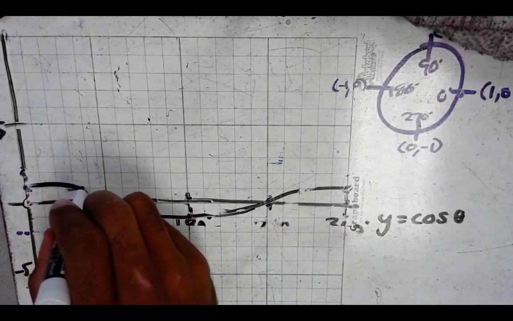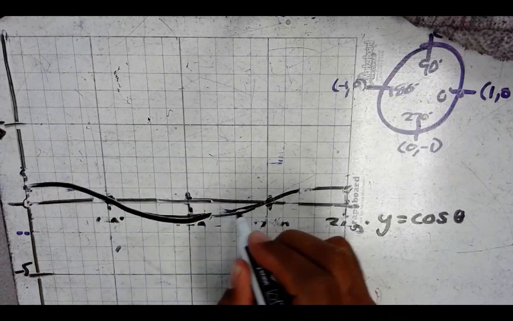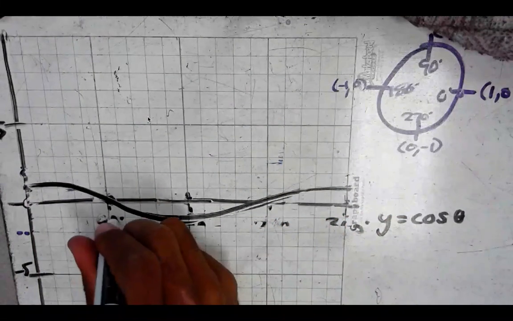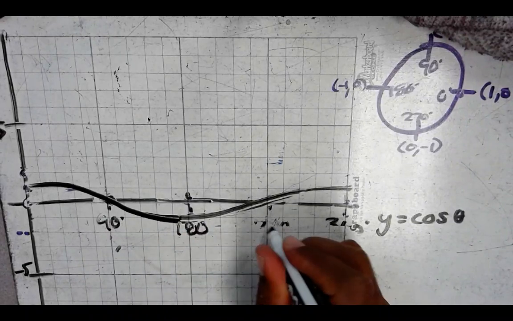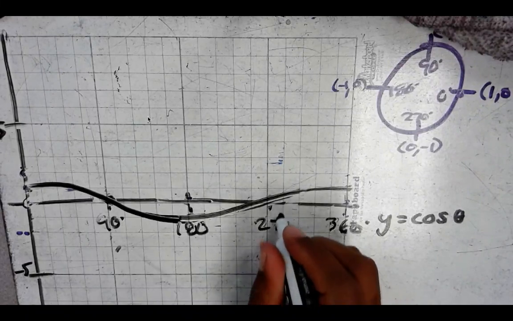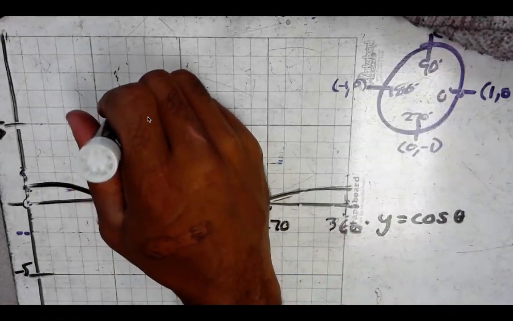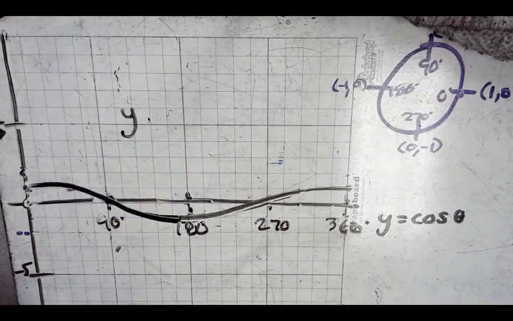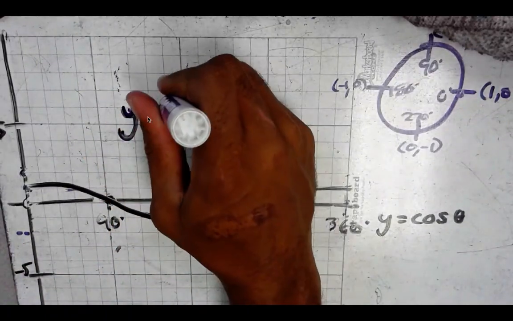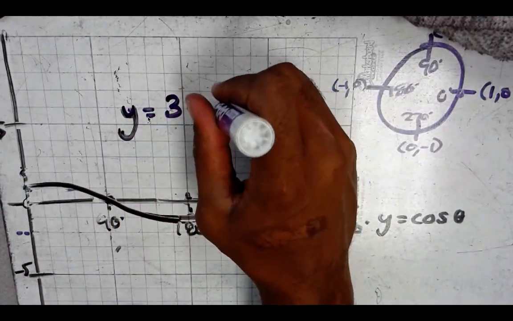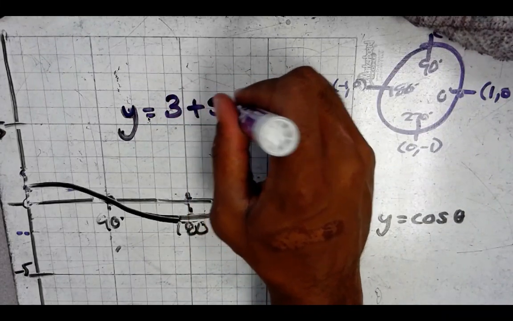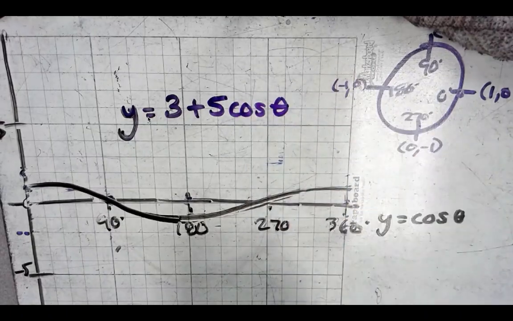This first one, which is just kind of the cosine of theta. 90 degrees here, 180 here, 270 there. All right, so now let me use my other color here. Y equals 3 plus 5 cosine of theta.